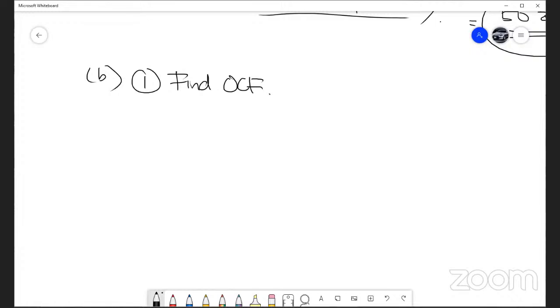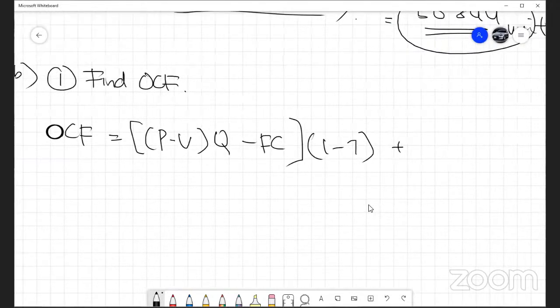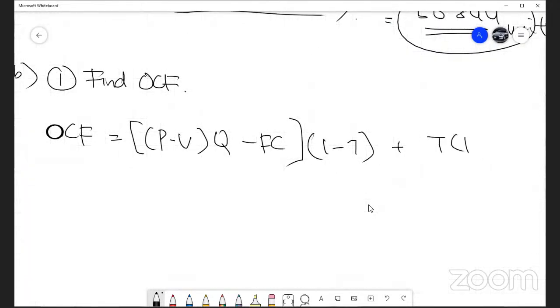So the OCF formula, which we've seen many times already, equals price minus variable cost multiplied by quantity, minus fixed cost, multiplied by 1 minus tax, plus tax multiplied by depreciation. Okay, this is your operating cash flow.